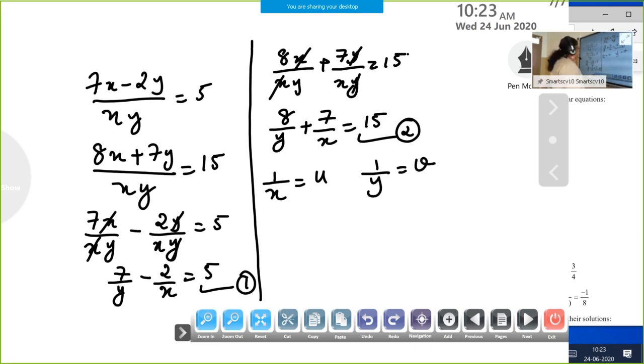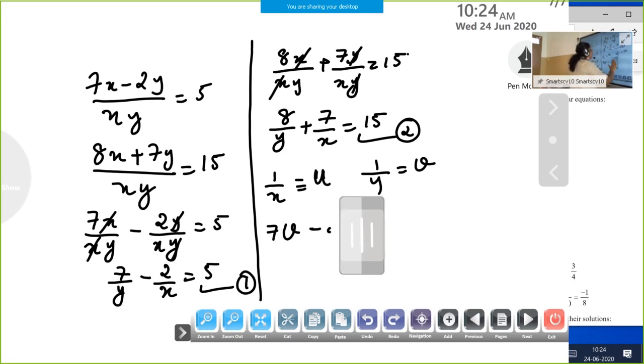Then the equation becomes 7v minus 2u is equal to 5, and the second equation 8v plus 7u is equal to 15.